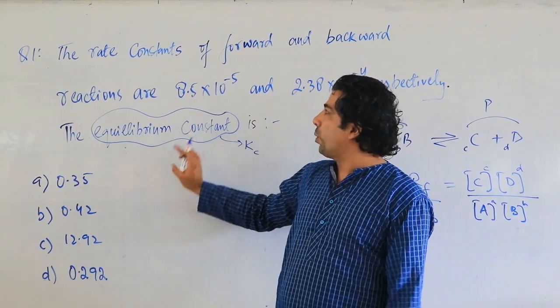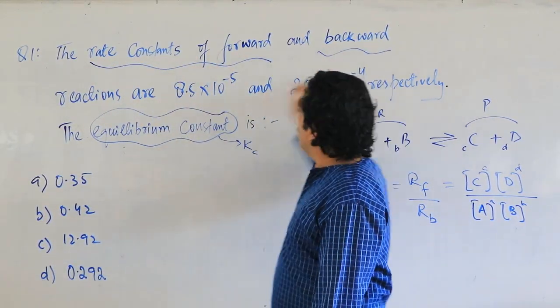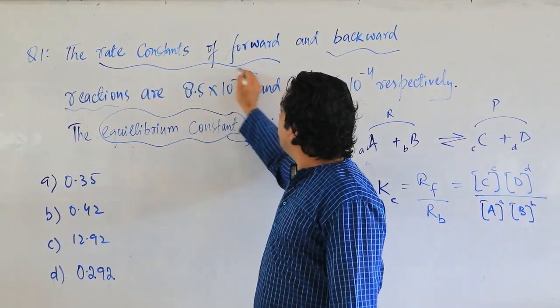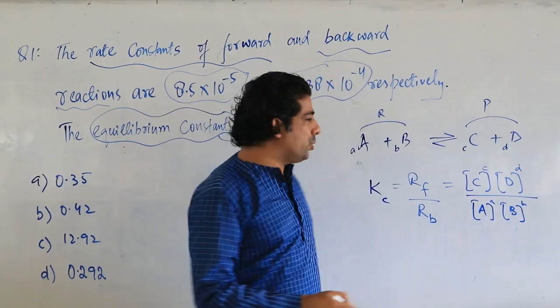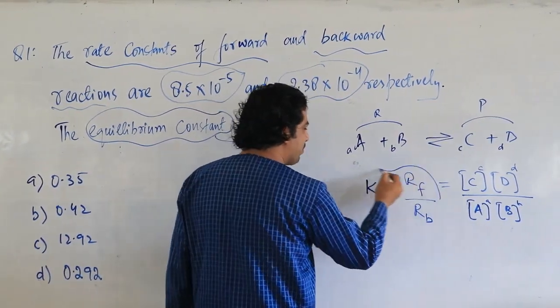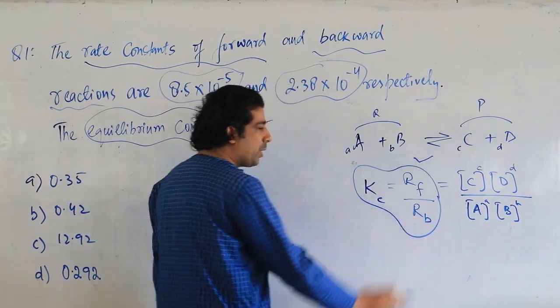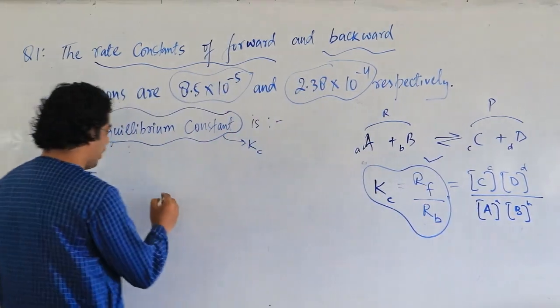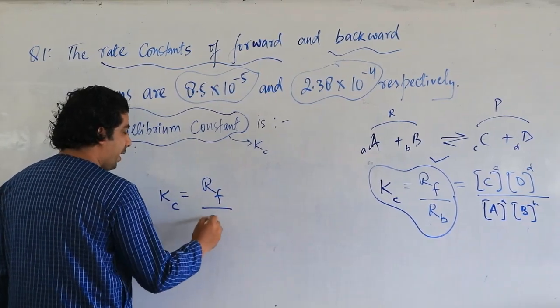For this particular question, the rate constants for the forward and backward reactions are given to me. That means out of this formula I will use only this part. So let us take this part of the formula, which is Kc is equal to Rf divided by Rb.